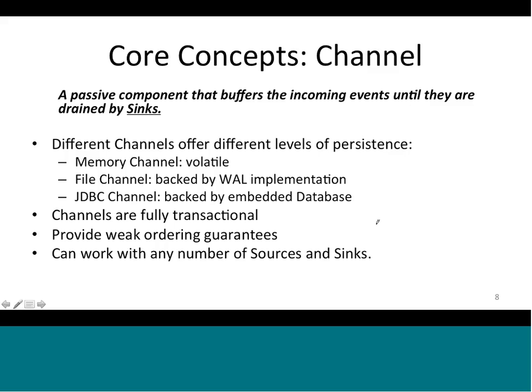It provides a weak ordering guarantee, which means that if an event came before another event, it will allow it to come out of the channel in the same order.